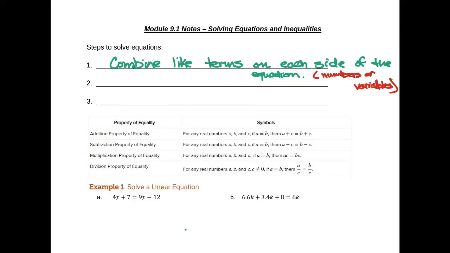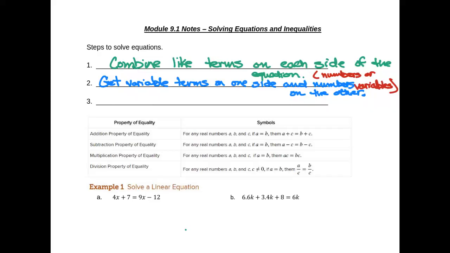Once they are combined, step 2 says get your variable terms on one side and numbers on the other. Okay?